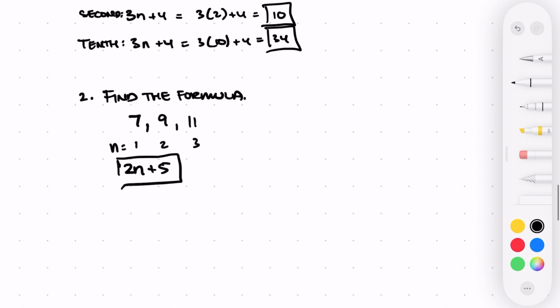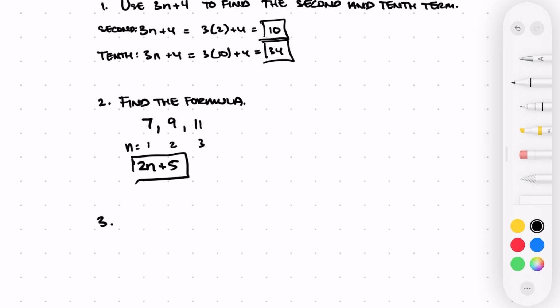And the last possible question that you would get is a combo of the first and second one: find the 5th term of maybe, let's go with 5, 8, 11.